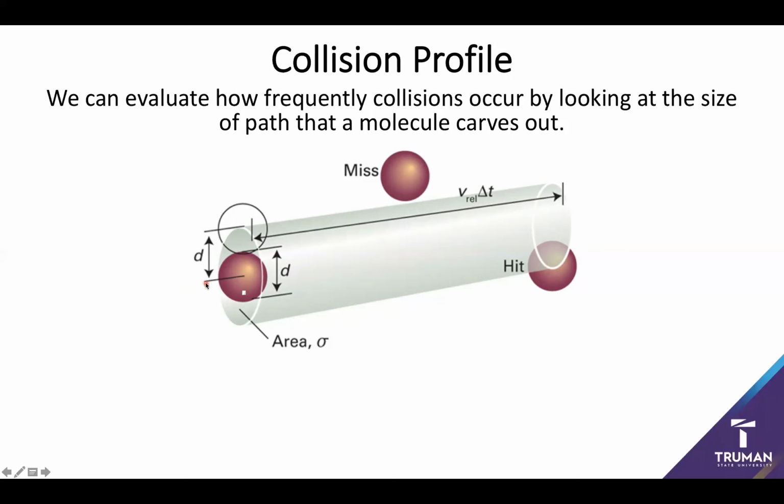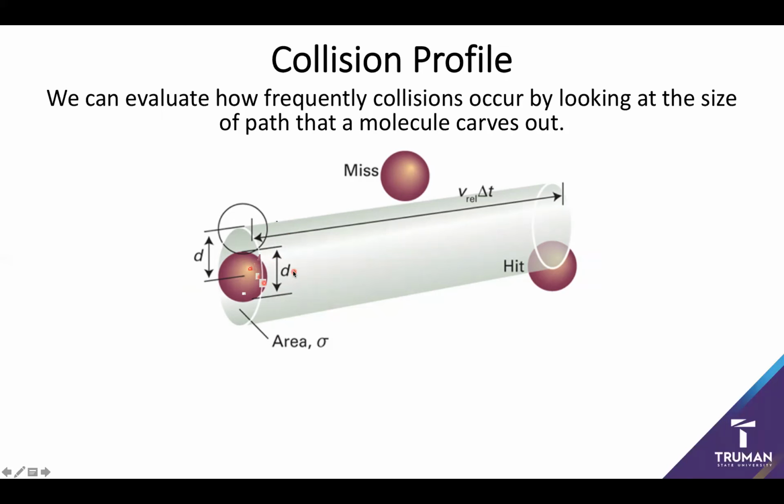If this molecule is traveling forward, any other gas molecule that gets within a certain distance is going to end up colliding with it. If I'm looking at two identical gas molecules, this is going to be essentially the same as this radius plus the radius of the second gas molecule, or an effective diameter.